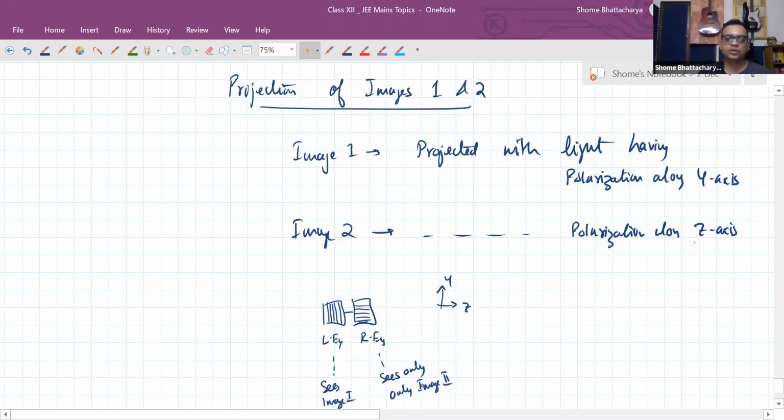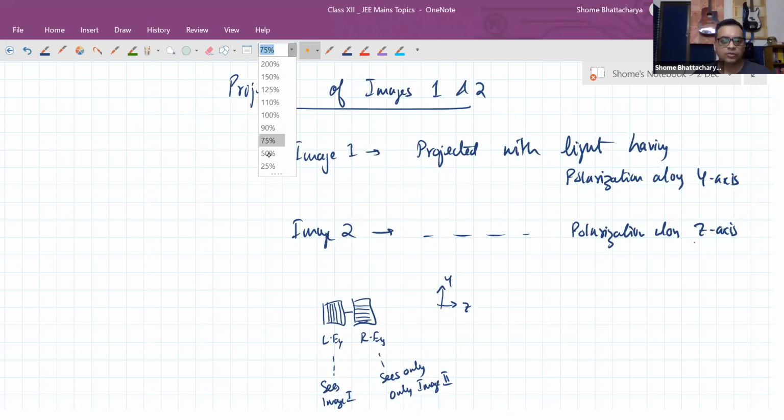That is how you are able to perceive two different images with the individual eyes, and that is why when you take the Polaroid glasses off, you see a hazy picture, but when you put them on, you see the proper three-dimensional picture. So this is the actual application of polarization in 3D motion photography. Hope the concept is clear.